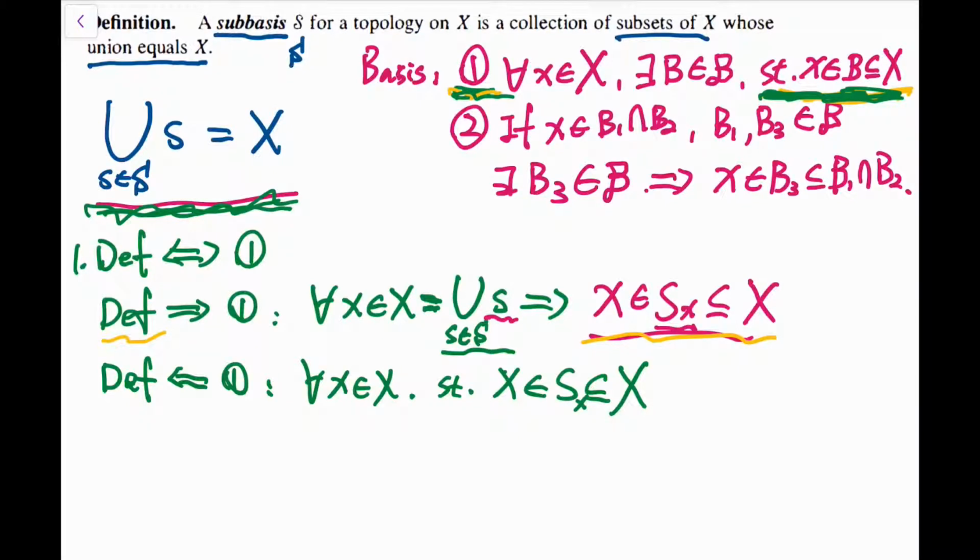So now the question is, can we get the definition of the subbasis from this first property? What we can do is this: because this relationship is true for all x in the big X, for any point x inside the big X, we can always find the Sx that contains the point x.